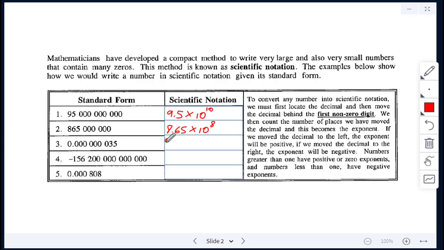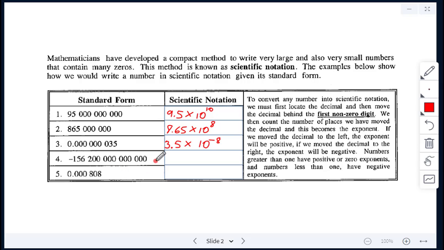So in scientific notation, this would be 3.5 times 10 to the power of negative 8. All right, so notice now it is a negative exponent because we moved the decimal place to the right, and also because it was a small number. It was a less than 1 number.